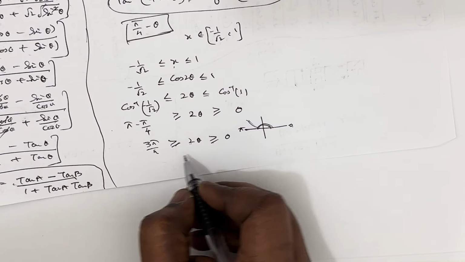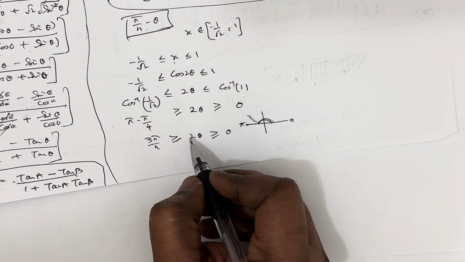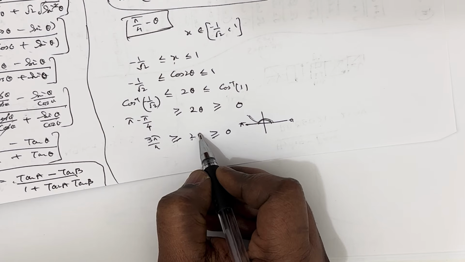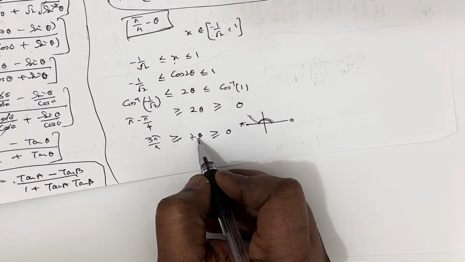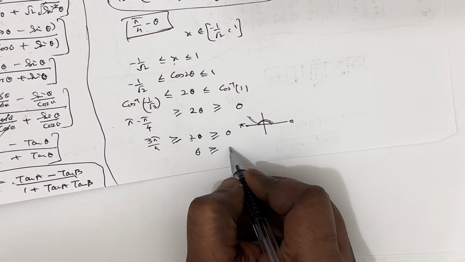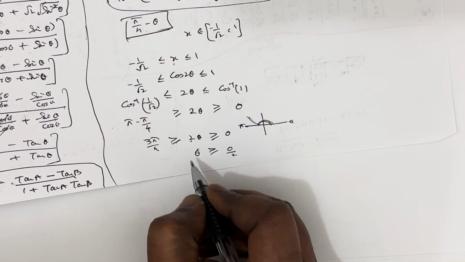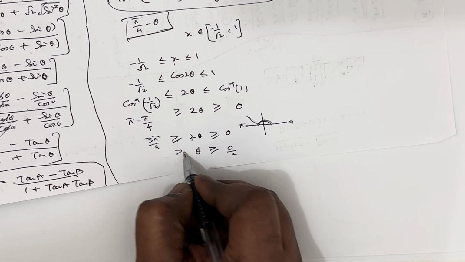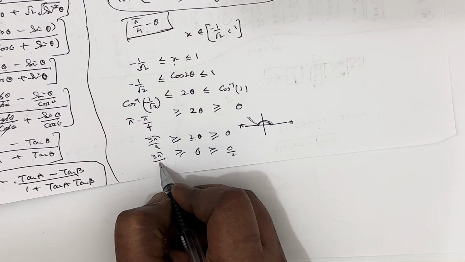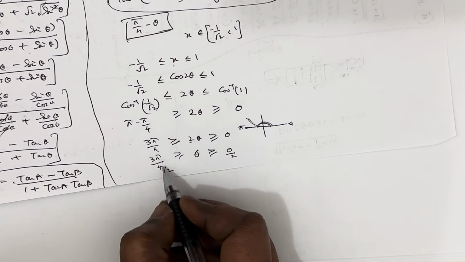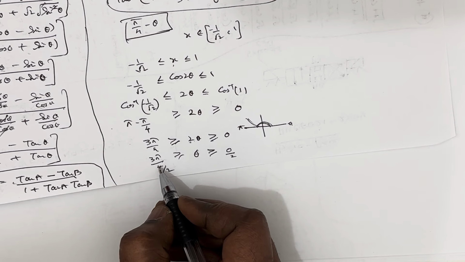Now we got 2 theta. Now let's check theta. So dividing by 2, we get 0 by 2 and 3 pi by 4 by 2. So this will become 3 pi by 8 and this will become 0.